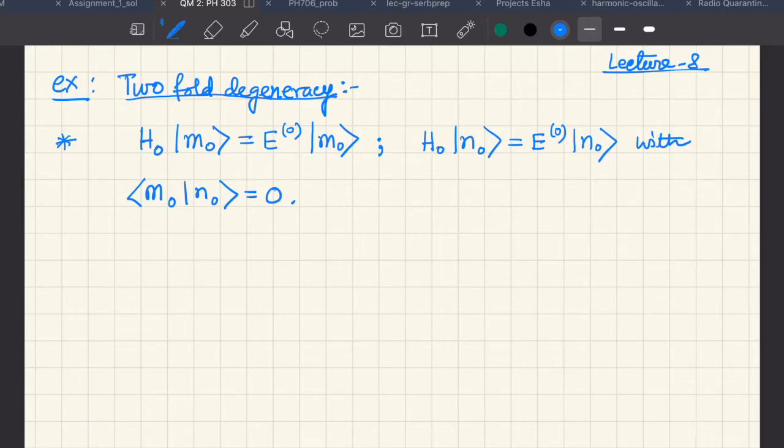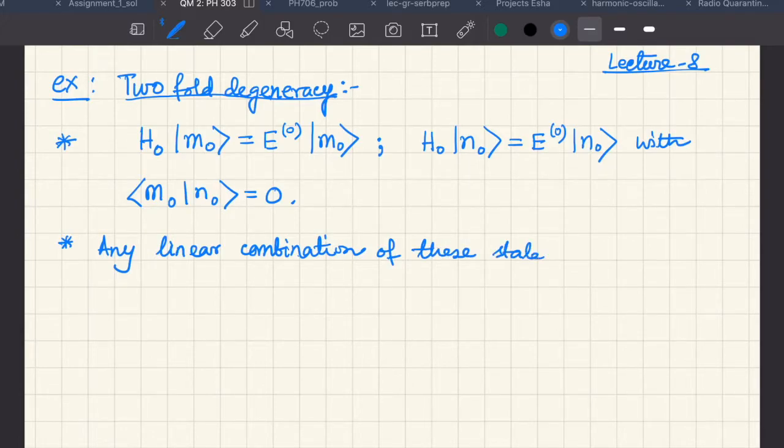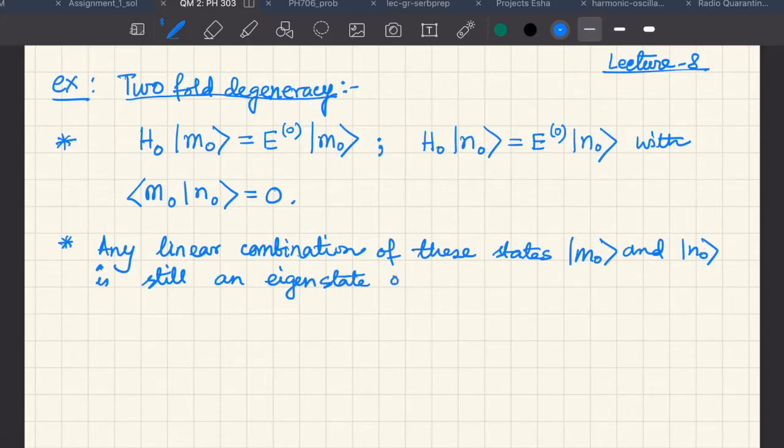And then we have shown that any linear combination of these states |m0⟩ and |n0⟩ is still an eigenstate of the unperturbed Hamiltonian H0 with the same eigenvalue, which is given by E0.